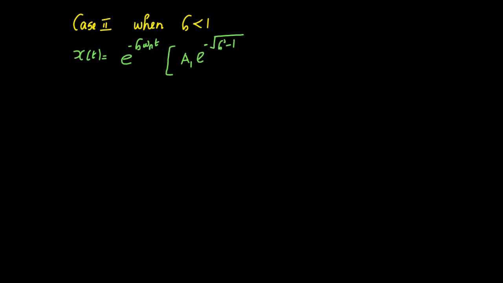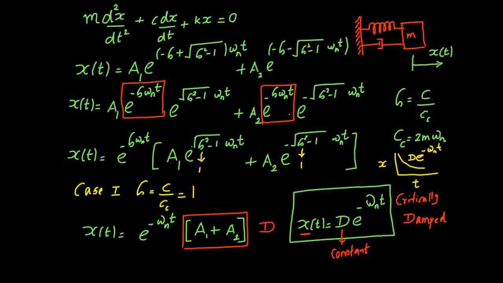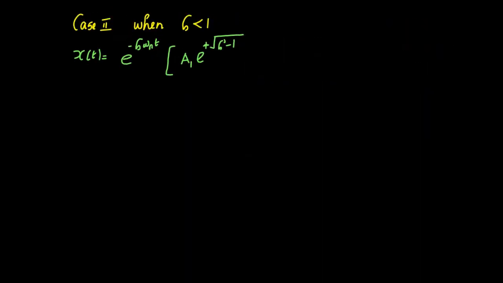I'm sorry, it's plus, right? It's plus into omega n into t plus a2 into e raised to the power minus square root of eta square minus 1 into omega n into t.